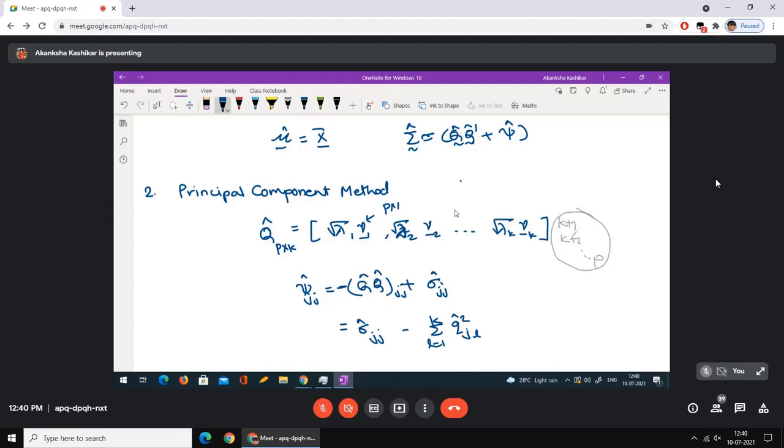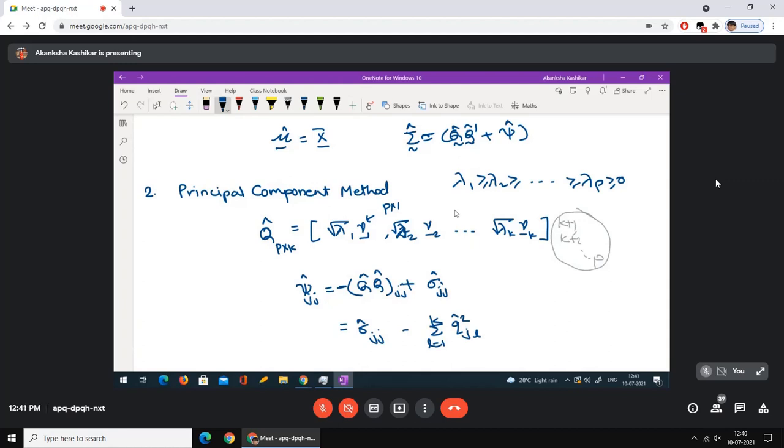By the way, when I say first, I mean that the eigenvalues are arranged in decreasing order of their magnitude. This is absolutely essential. Then I will take only the top eigenvalues. So we take the first k eigenvalues, we take the first k eigenvectors, and then we multiply the square root of each eigenvalue to each eigenvector, and that becomes our loading matrix.